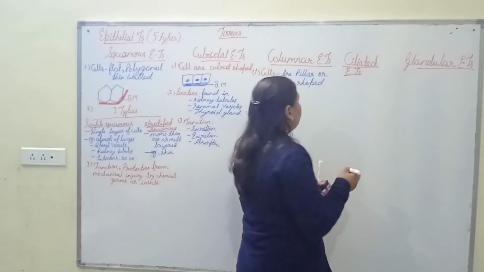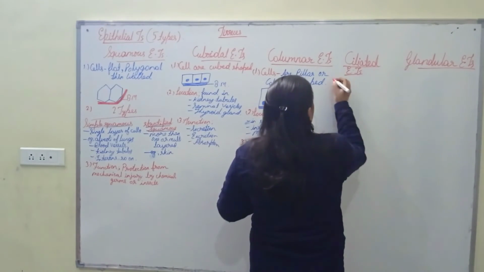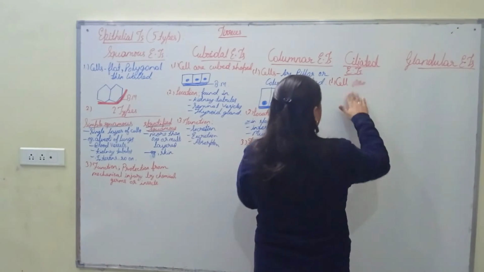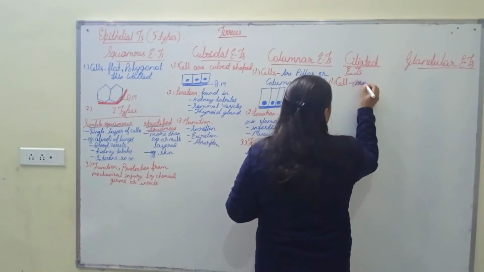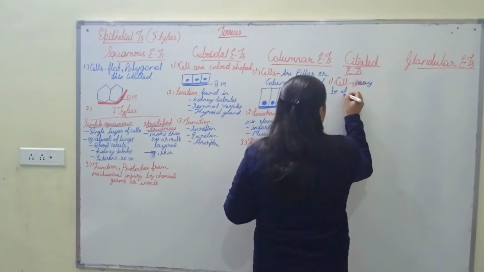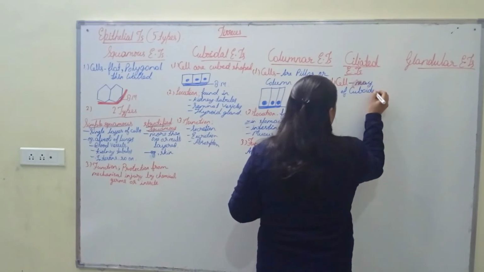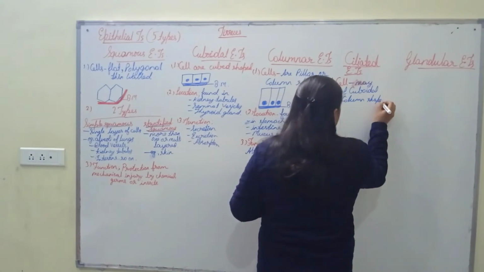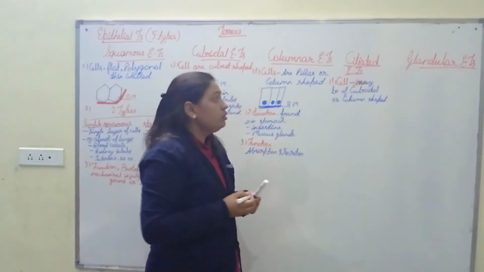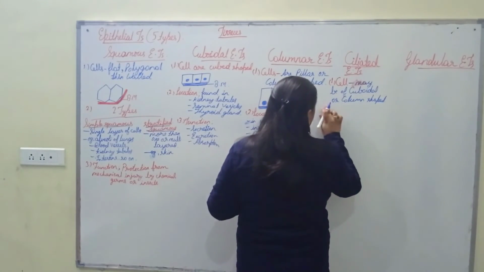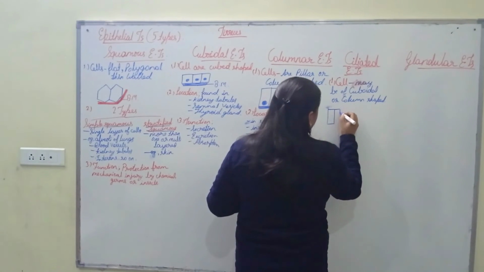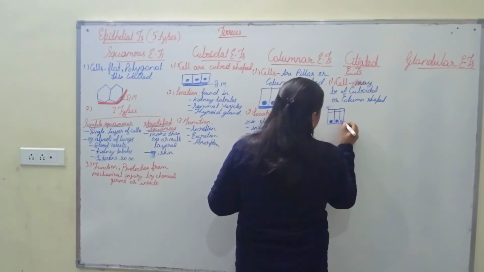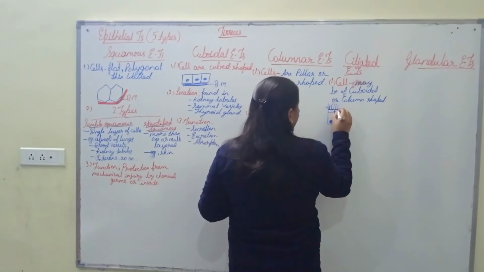Now moving to the ciliated epithelial tissue. Cells may be of cuboidal or columnar shape, and their broader free ends consist of thread or cilia-like structures.